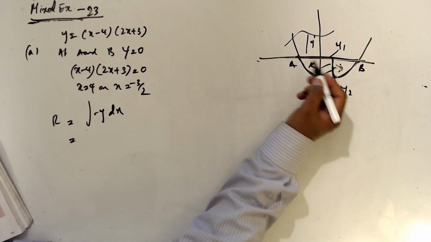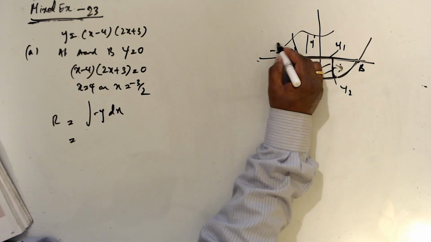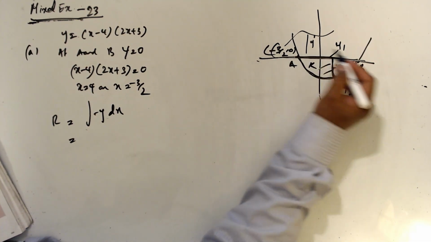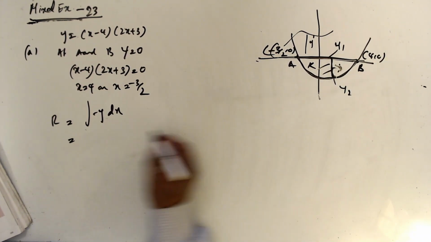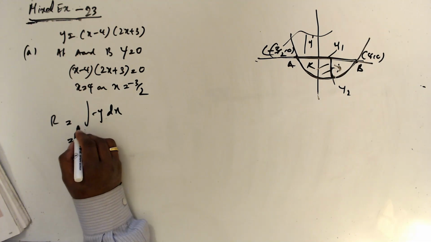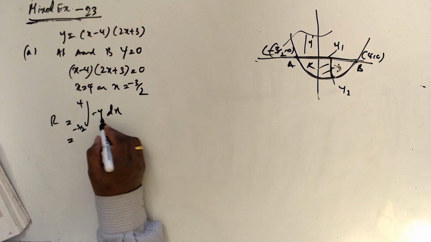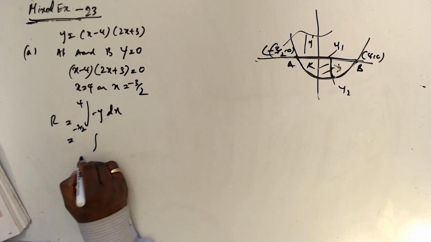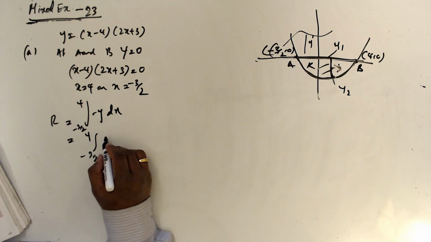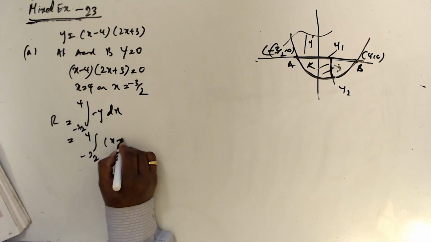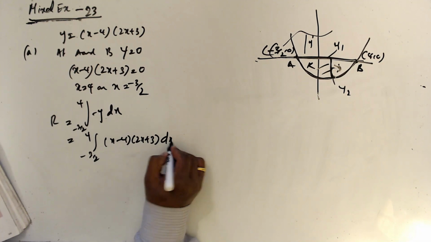This is minus 3 over 2, 0, that is A, and this is 4, 0. Now minus 3 over 2 to 4, minus y dx. It means minus 3 over 2 to 4. What is this one? x minus 4, 2x plus 3 dx.